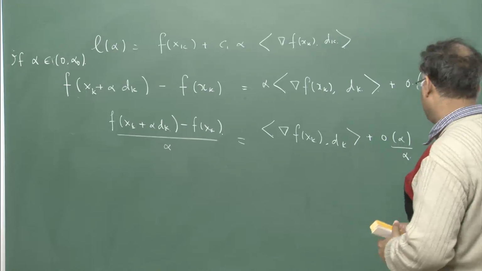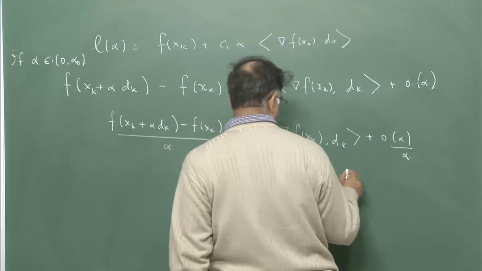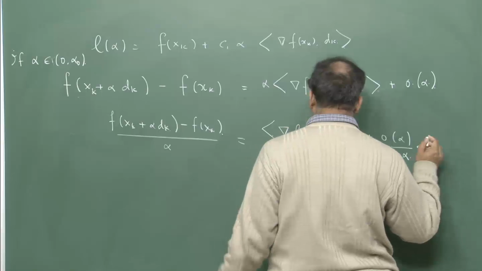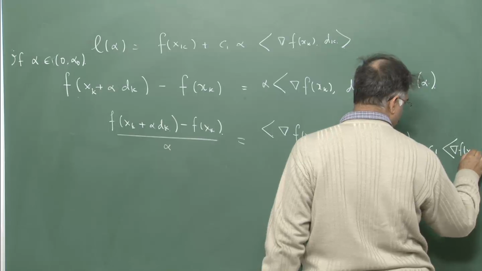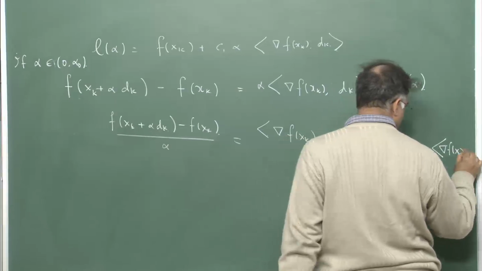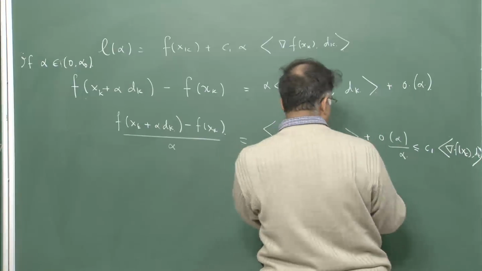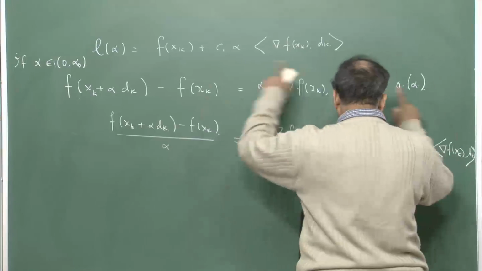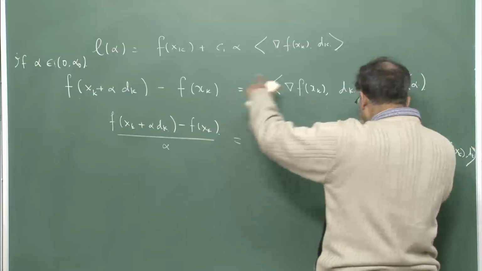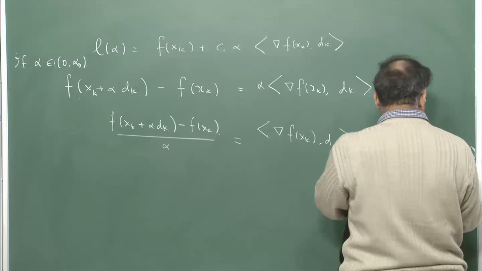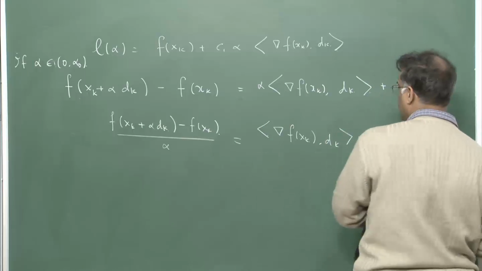Now I can make the whole thing less than some c1 between 0 and 1. This is of course true. So this whole thing is negative, and it is less than a fraction of this. I can take a c1 in such a way that this whole thing is less than a fraction of this, because this will become very small. So this will dominate, and hence this can be made less than a fraction of this, which would be bigger in the negative sense, more near 0.